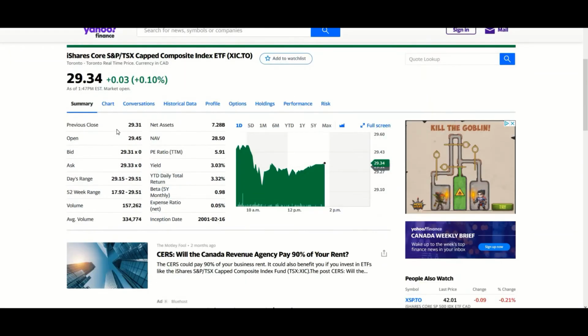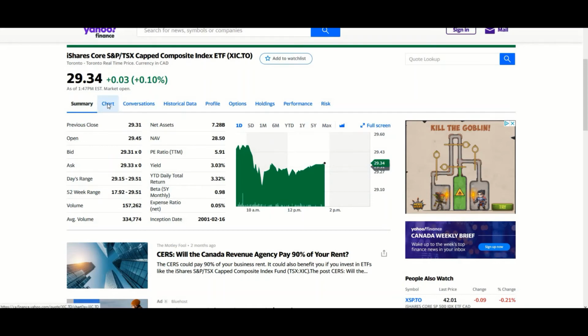If I go down, I'll see the previous close, same as the stock we were seeing information for, TD stock. The other information that we can see is PE as well, but this one will also have an expense ratio, how much they charge to manage the fund. It's 0.05% for this ETF.